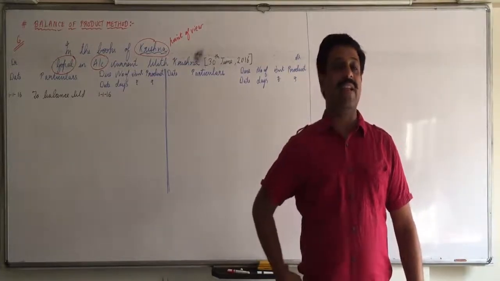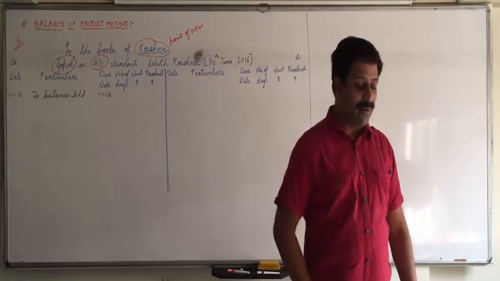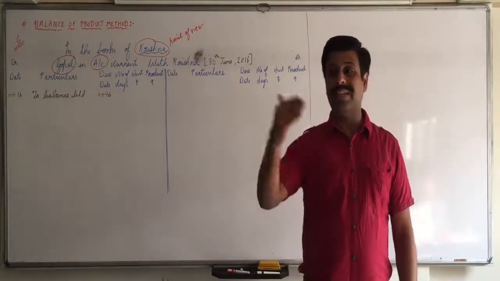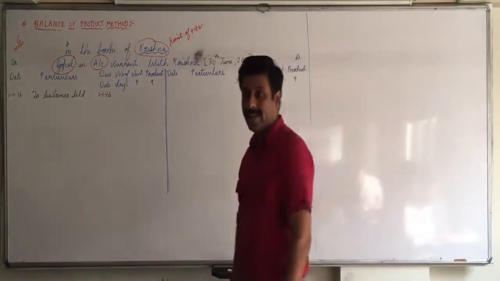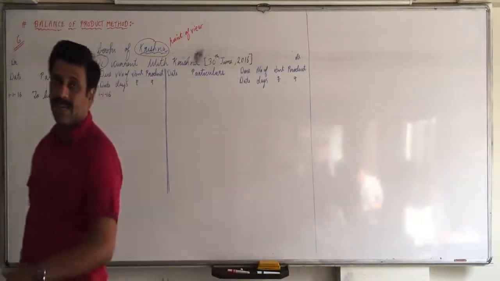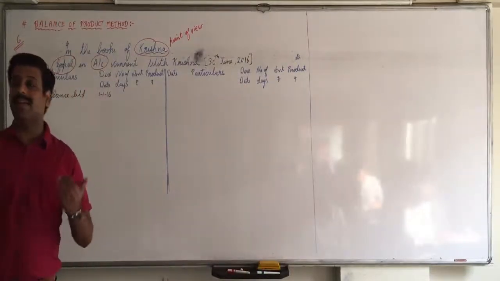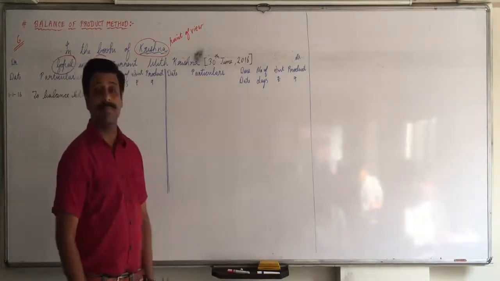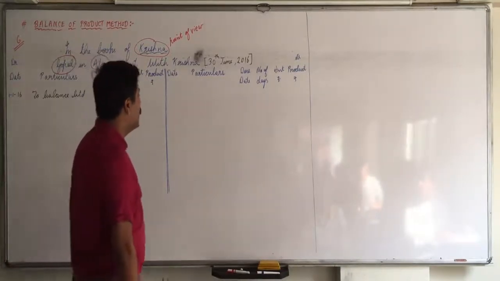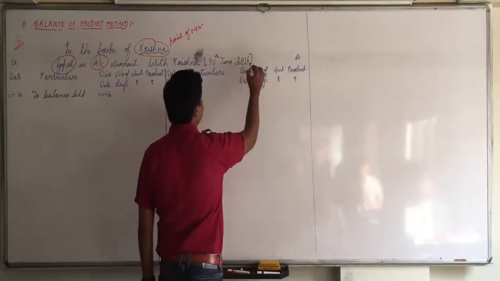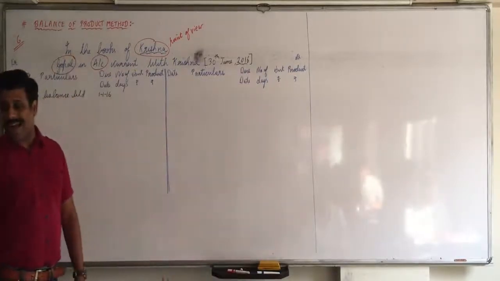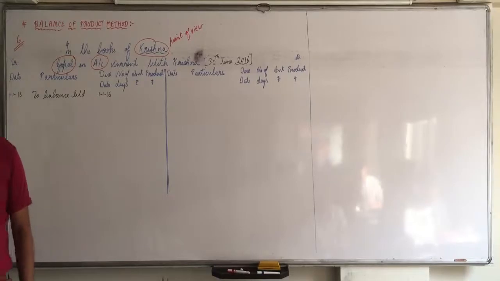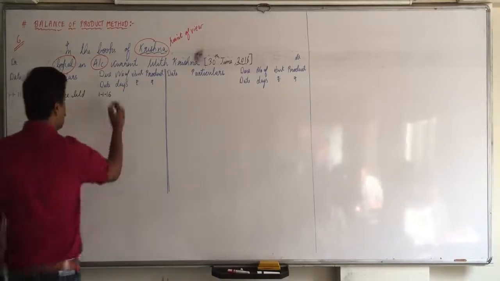31 days of January plus 28 days of February, so 59, plus 31 days of March, 90, plus 30 days of April, 120, plus 31 days of May, 151, plus 29 days. Yes, 2016 is a leap year, so add one more day, plus 30 days of June, 182 days.